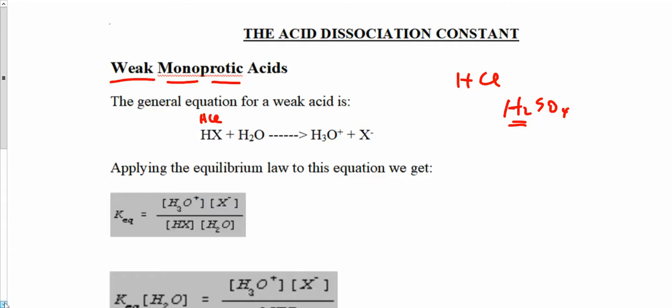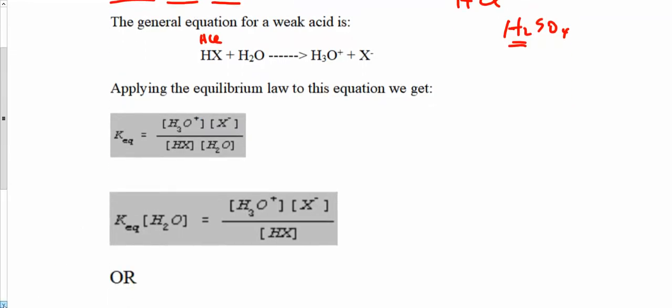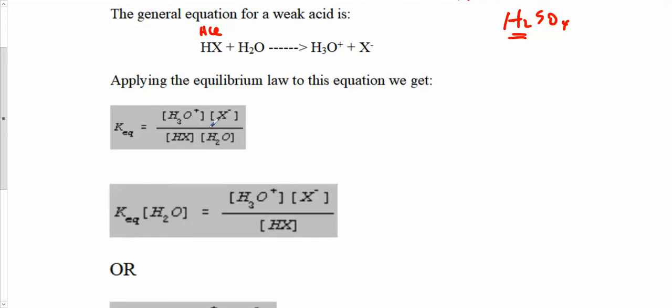Now, we have discussed already that the concentration of H2O is pretty much constant. So if I multiply both sides of this equation by H2O, it disappears from here and appears over here.